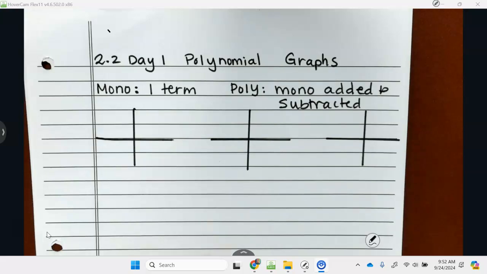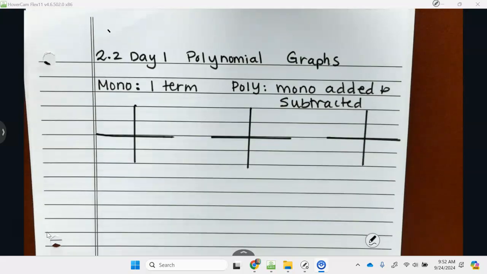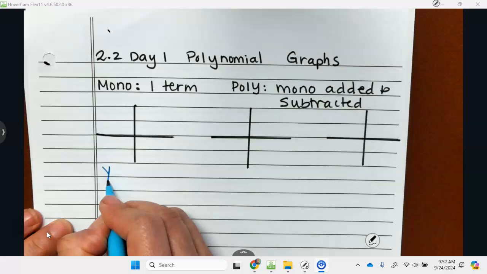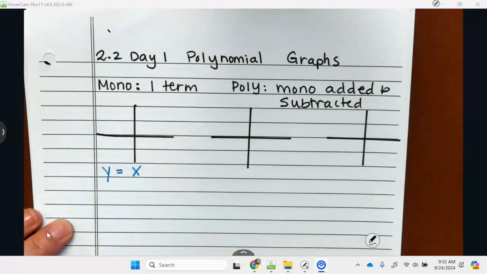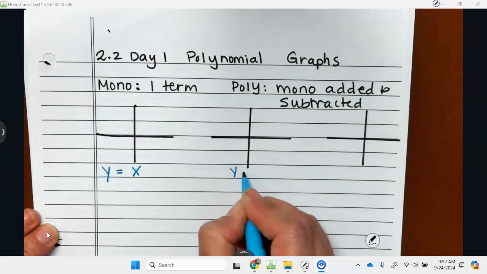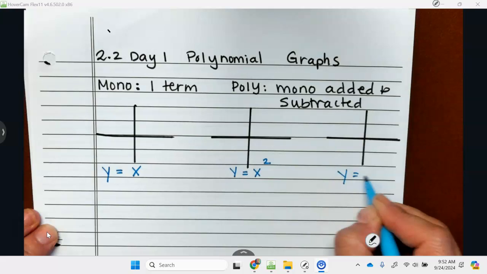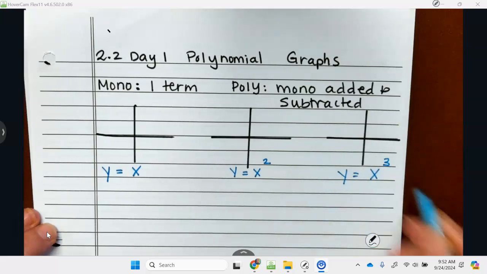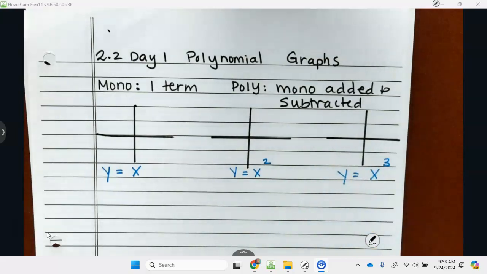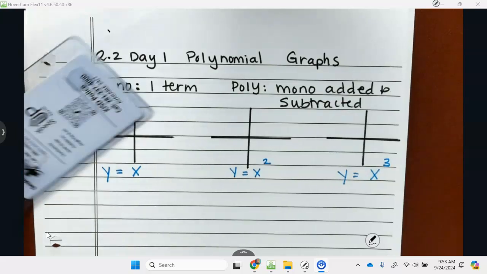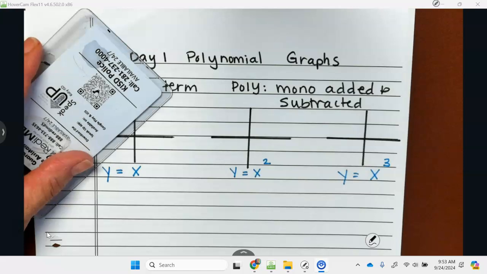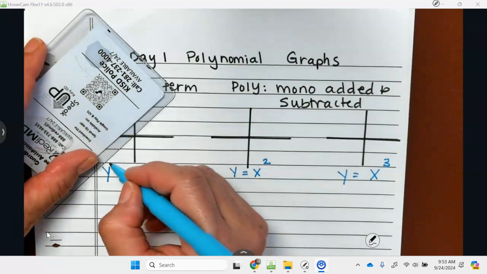All right, so specifically really just going to talk about what happens when these graphs cross the x-axis. All right, y equals x squared, and y equals x to the 3rd power. Y'all, we know what y equals x is. It's just a straight line. Now look, here's what I want to talk about.